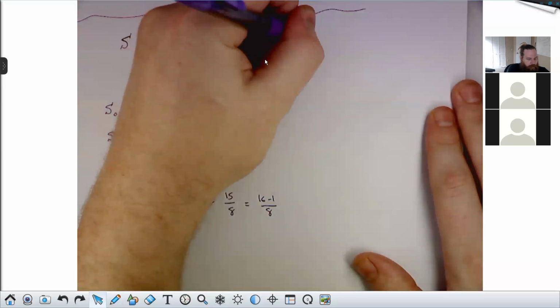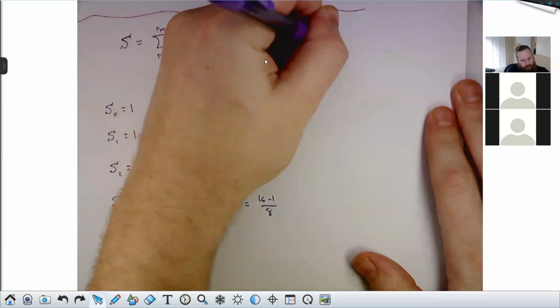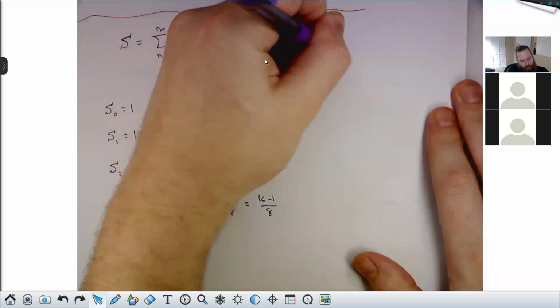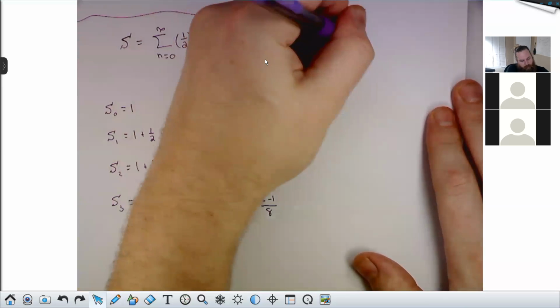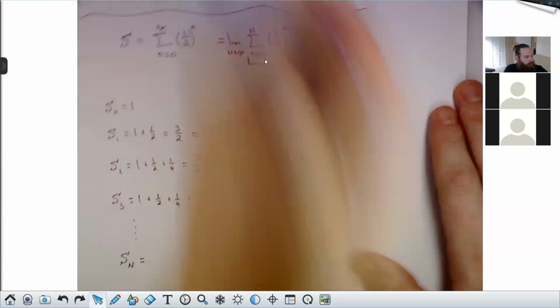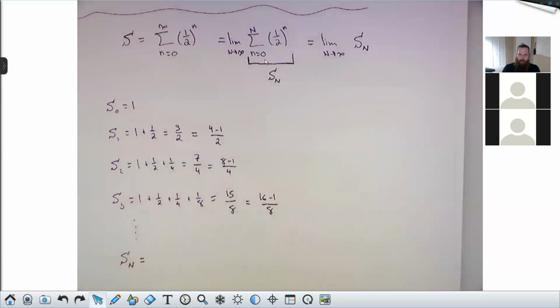So another way to write this is just as the limit as capital N goes to infinity of S sub capital N. So it's that convergence thing that I talked about a minute ago with sequences, where the dots are all getting closer and closer to some number. That number L that the dots were all getting closer and closer to would be the limit of the sequence. That's the formal notation. But again, you're not officially responsible for that. I just kind of wanted to show you the symbols.